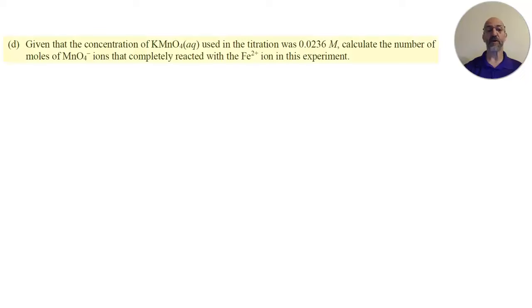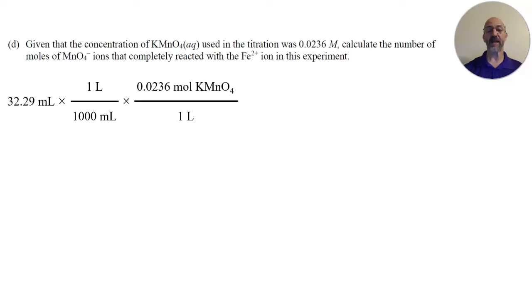So I'll start with the volume from Part C, so 32.29 milliliters. I will first convert from milliliters to liters by dividing by 1,000, and then I will use 0.0236 moles of potassium permanganate for every 1 liter. That's simply the definition of molarity, and I'm using it as a conversion factor.